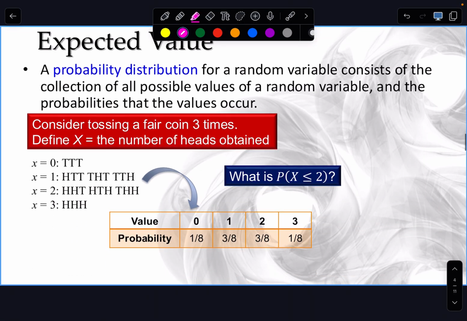so now that we know what they're asking us to do, if I actually want to calculate the probability that the number of heads I obtain is less than or equal to 2, what would I do? So how would I calculate that probability using that distribution?